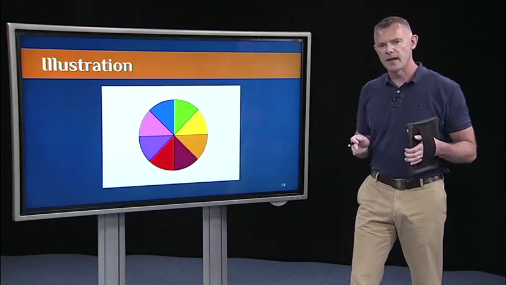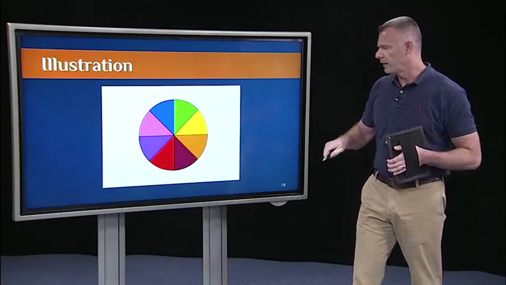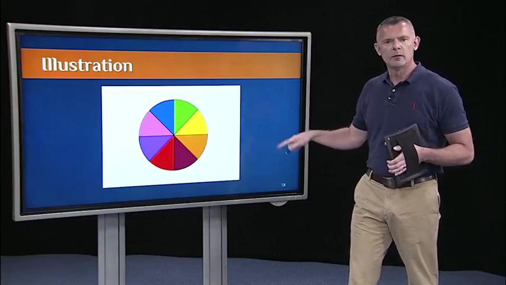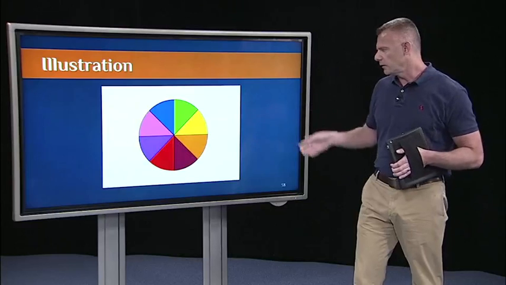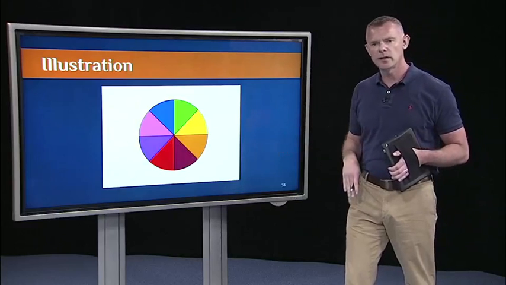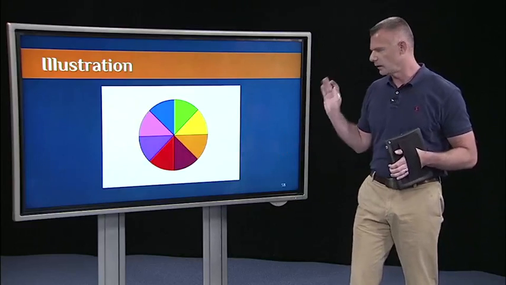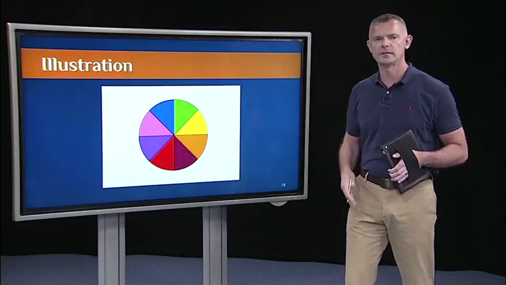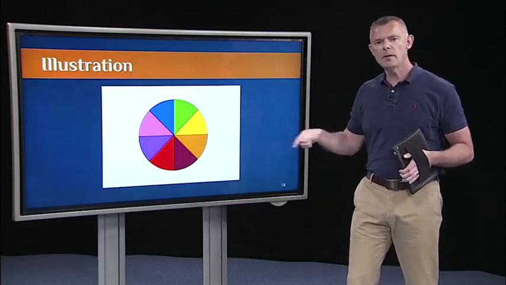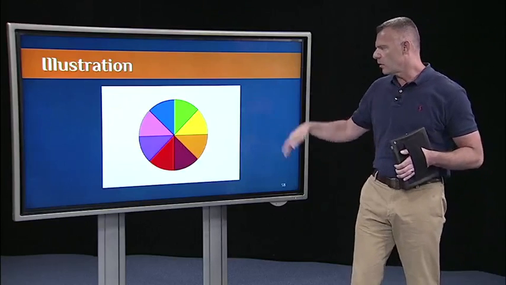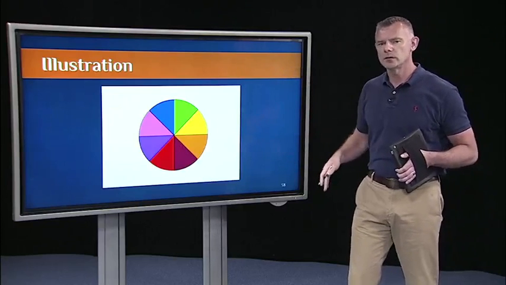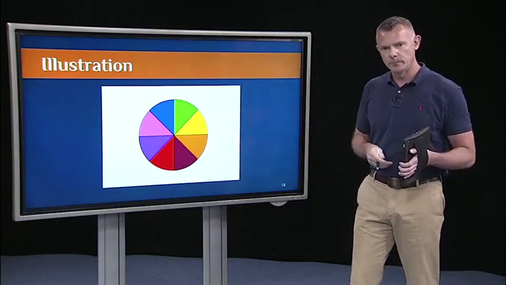If it's a fair game, we're assuming that the likelihood that the wheel lands on any color is equal. So the likelihood of landing on the blue slice is equal to the likelihood of landing on the red slice, and so on. So if I spin the wheel many, many times, then I should get approximately the same number of blues as reds, as yellows, and so on.